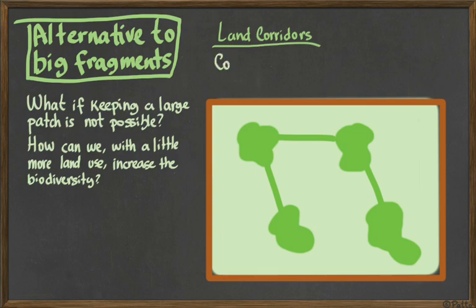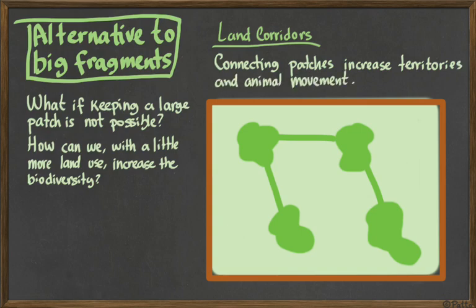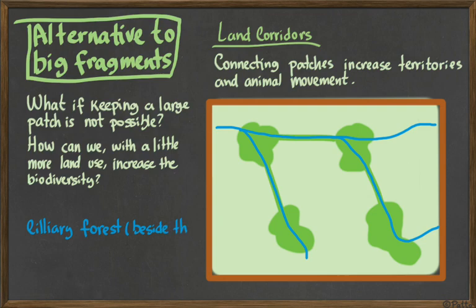And something else that can help you to connect your patches is to keep the forest beside the rivers. Rivers usually have forest around them, and if you keep the ciliary forests, you might now have a corridor connecting forest patches, so you just have to keep your patches close to rivers, and you are also protecting the rivers themselves from erosion and destruction.